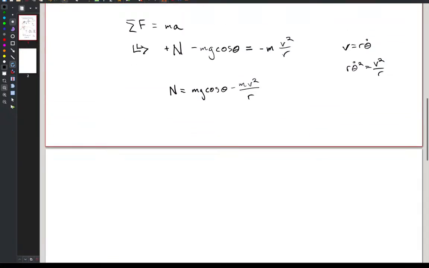So I'll show you at least the way that I would think of this. I know if I can calculate n in terms of everything else, I know that n has to be less than or equal to 0. And I know that n is mg cosine minus mv squared. So mg cosine minus mv squared is less than or equal to 0.